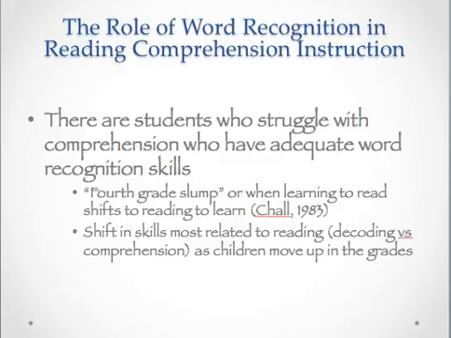Whereas in kindergarten, 1st grade, and 2nd grade, what children are reading is very familiar and very, quote unquote, easy to understand, by the time it hits 3rd grade and particularly 4th grade and beyond, what becomes increasingly important is being able to understand the words that are written on the page. So the skills shift as the texts become more complex.